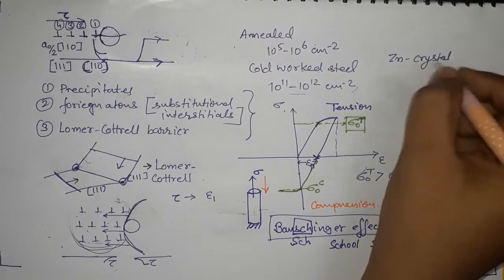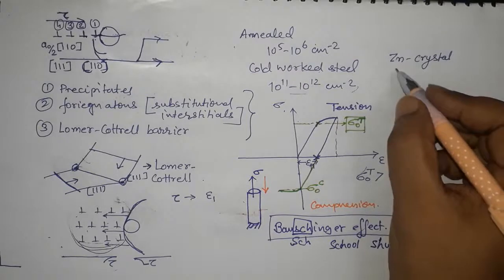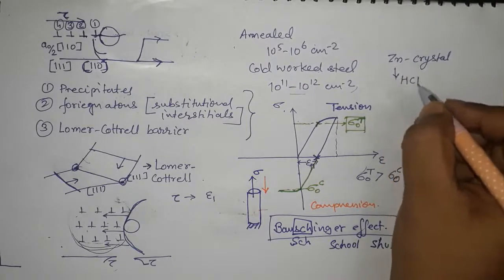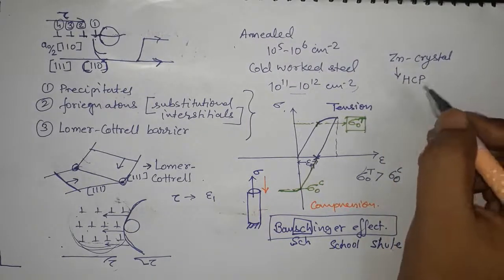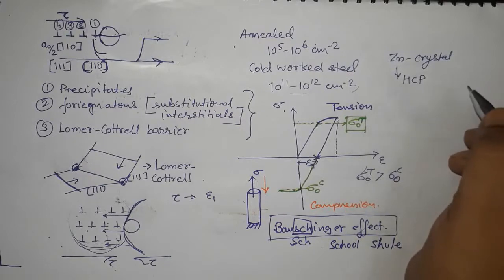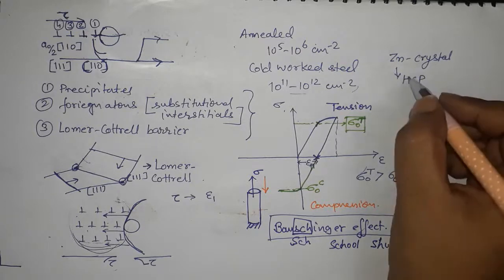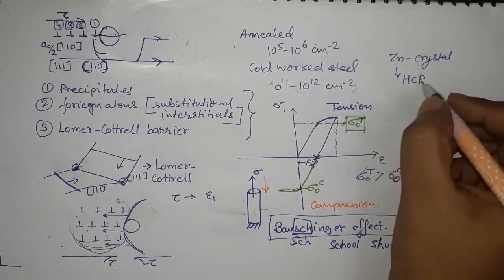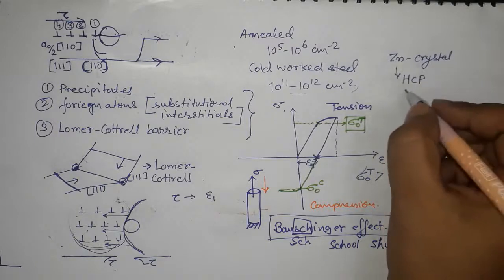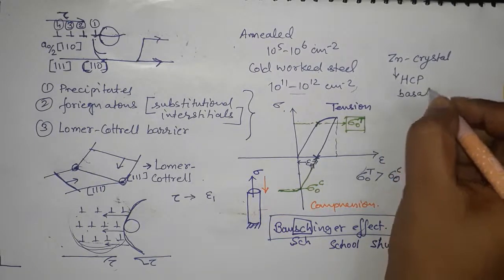And the reason is zinc is HCP, so you don't have many slip systems, unlike FCC where you have 12 slip systems, and all those 12 slip systems are very good, very efficient. So in HCP, the slipping in zinc only happens on the basal planes.